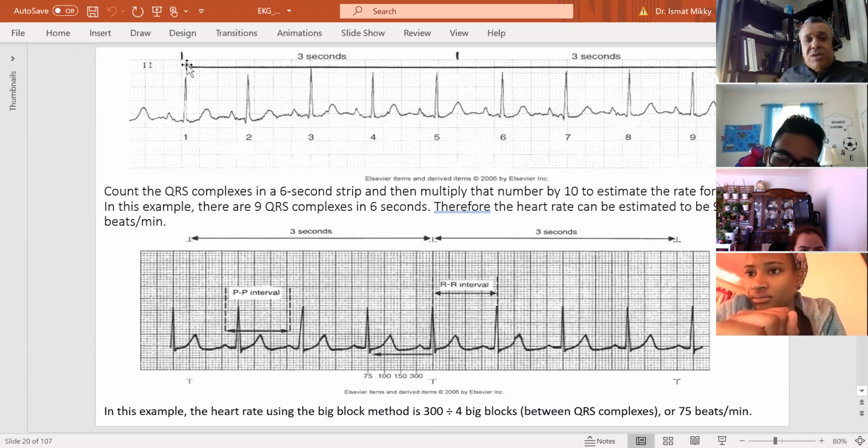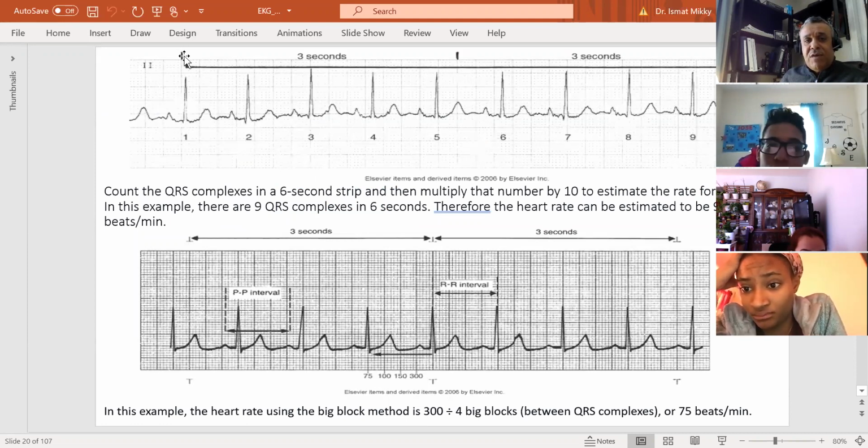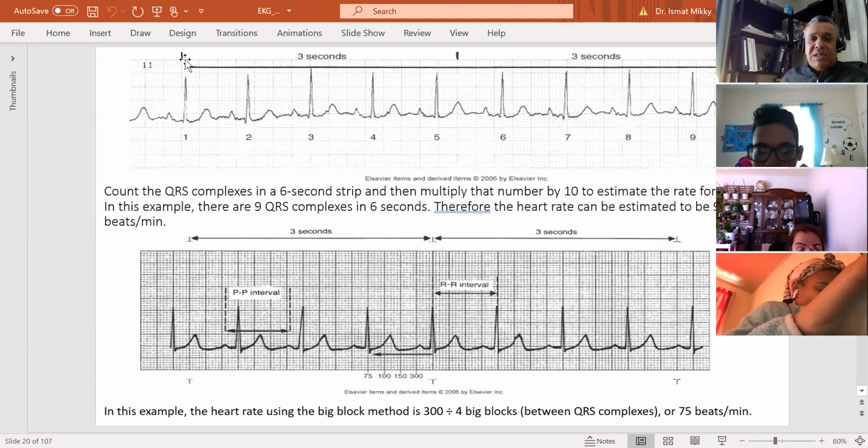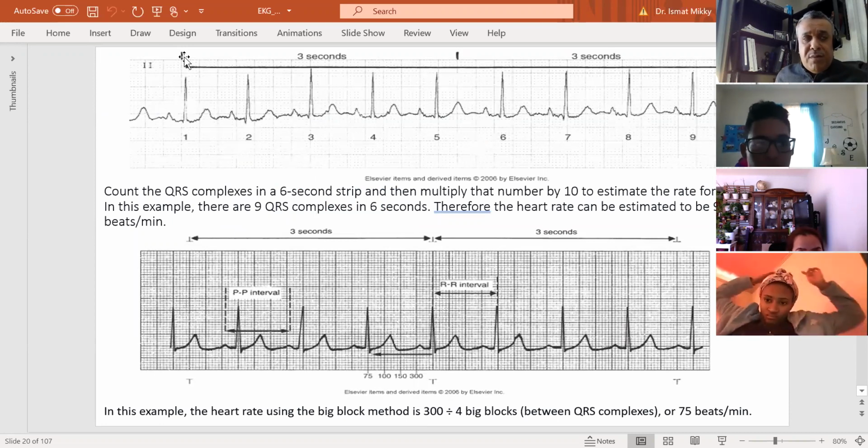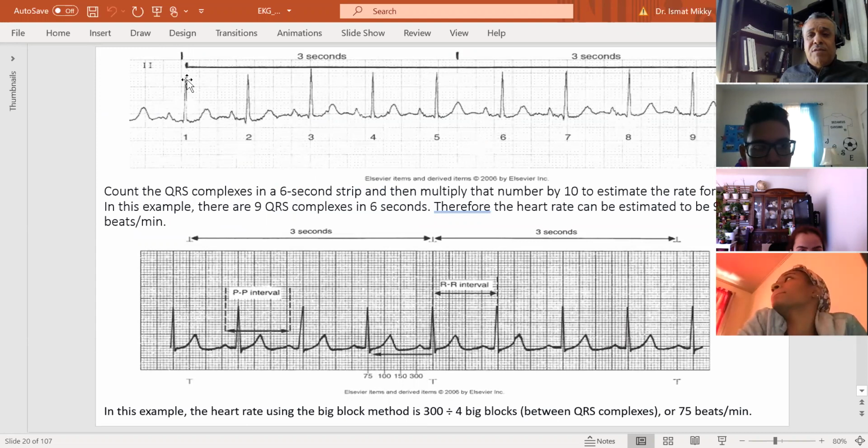Step 1 is to determine the interval, which is a 6-second strip, which is 30 boxes. I want to begin from the beginning. If you can, try your best to begin the interval at an R wave, so you'll have better counting and a better result.